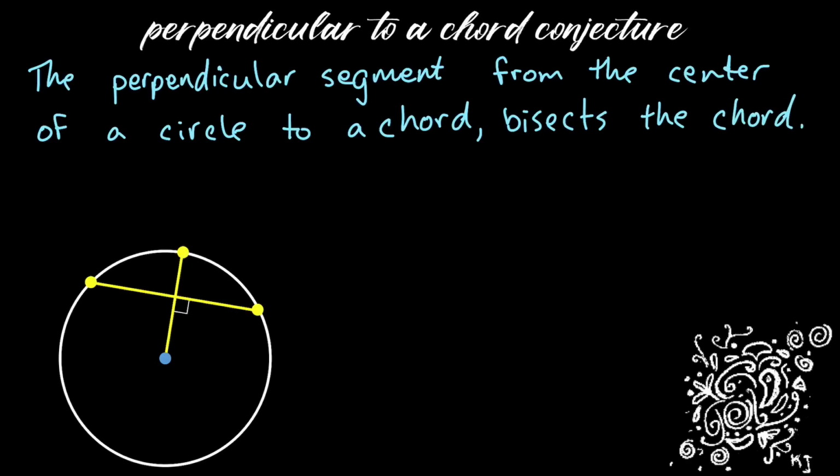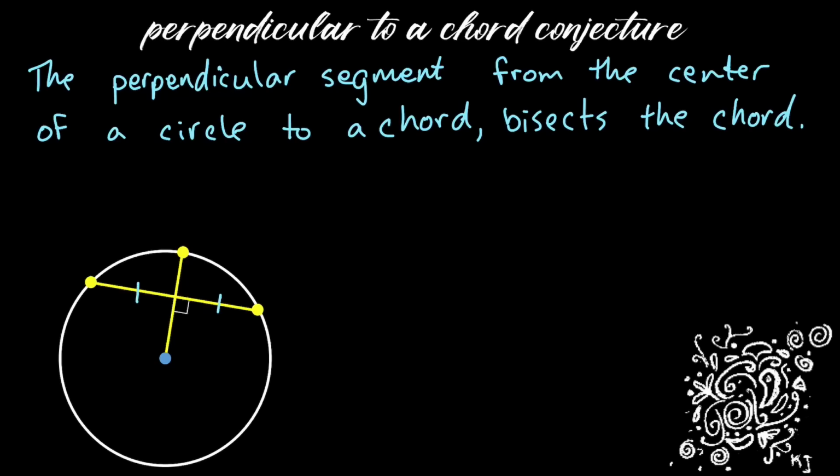So in this statement, the perpendicular segment from the center, so this segment is perpendicular to this segment, as marked right there. So it goes from the center. It must bisect the chord. Bisect means it creates two congruent parts.